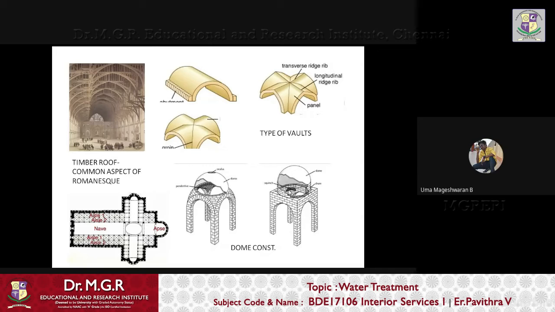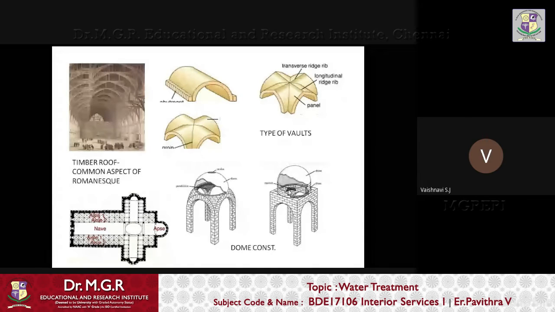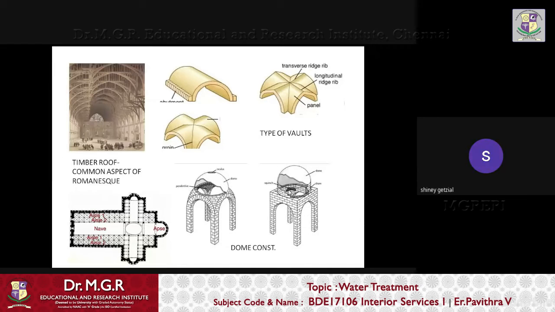From where did the Romanesque start? Italy, ma'am. In part one, I told you that the Romanesque started in one part of a country, so it was different from Italy, France and all. Greek, German.